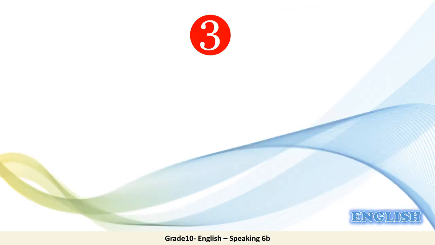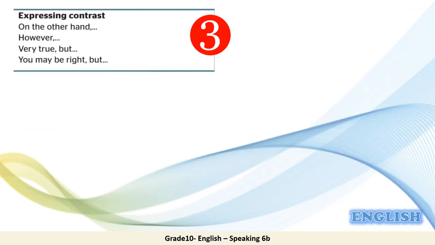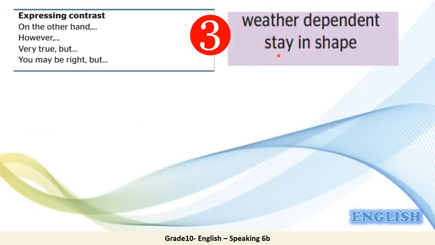The third point, we will be talking about expressing contrast, and we will be using these two phrases. Expressing contrast, we will be using on the other hand, however, very true but, you may be right but, and so on.